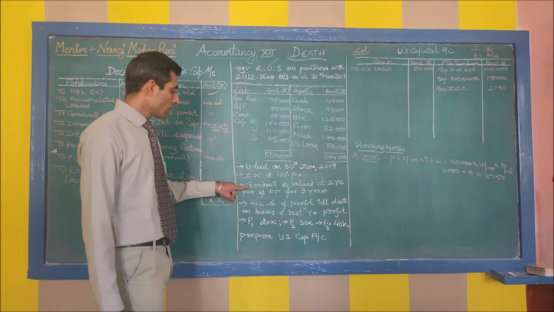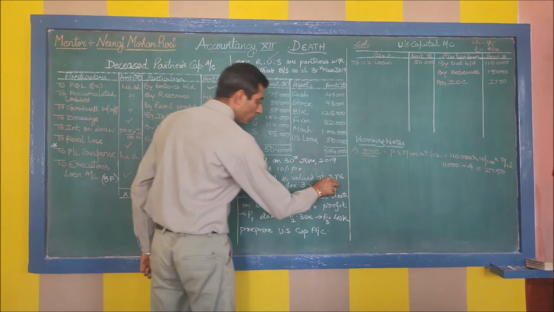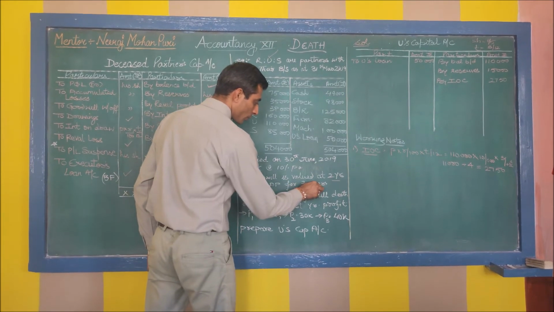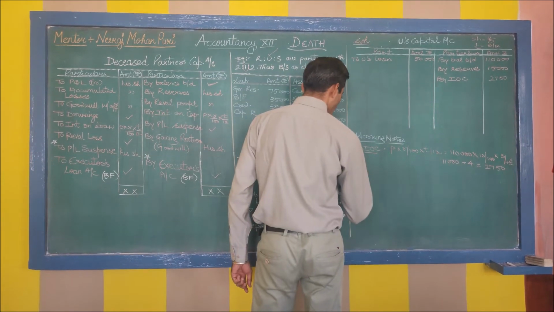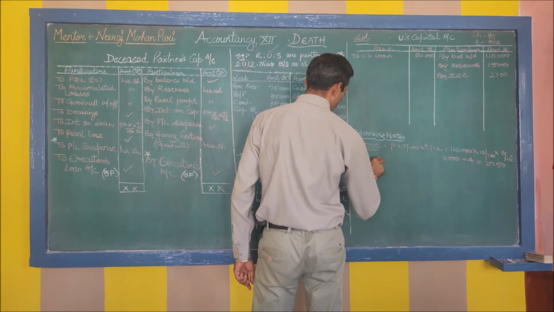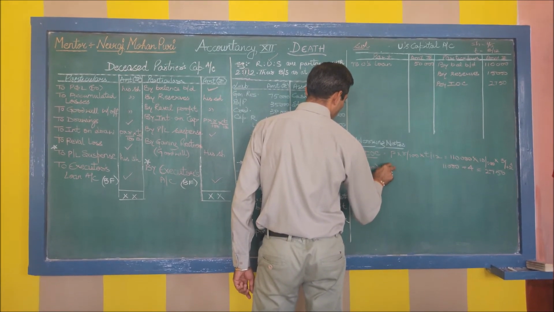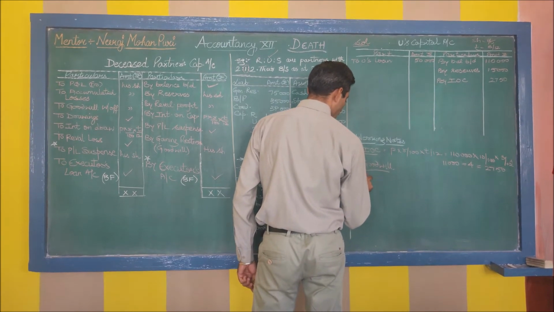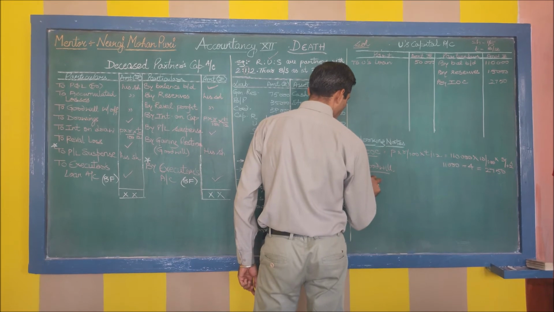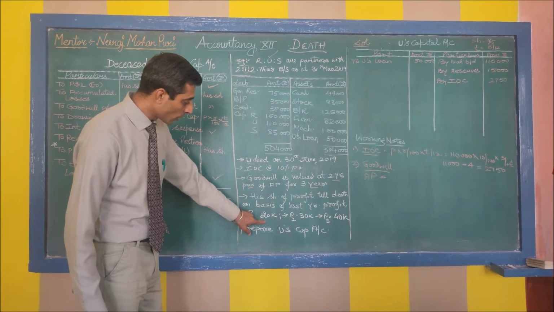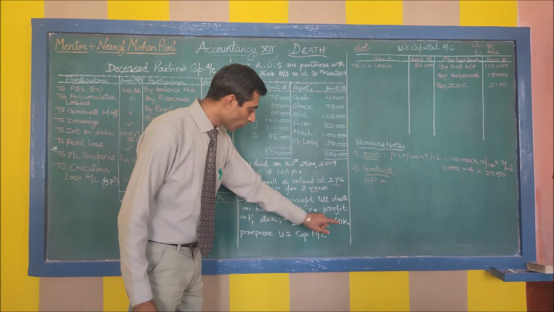Next item is goodwill, to be valued at 2 years purchase of the average profit of 3 years. Second step is we have to find the value of goodwill. So goodwill is to be calculated by the average profit method. Step number 1, we have to find the average profit. So average profit is the profit of the last 3 years. Total normal profits are given: 20,000, 30,000 and 40,000.